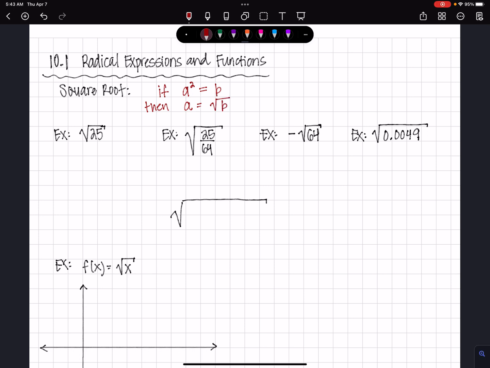Like multiplication undoes division and division undoes multiplication, how those are inverse functions of one another, the square root is the inverse of squaring. So here we have squaring, and right below it we have square rooting.